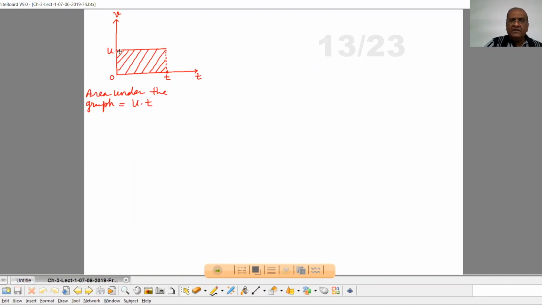Now, for this particular graph, if we find the area under the graph, that is this side, u, into this side, time t. But u is the velocity and t is time. Velocity into time will give you displacement.